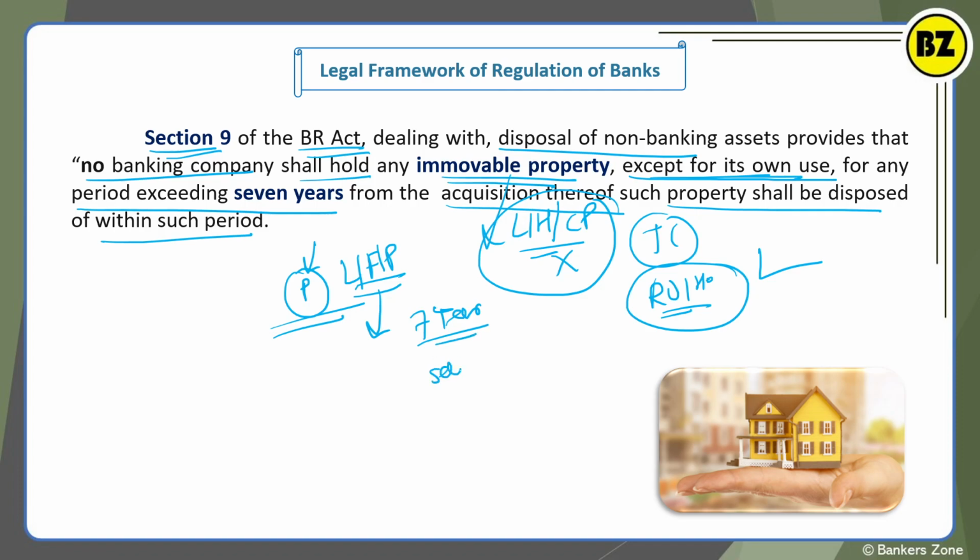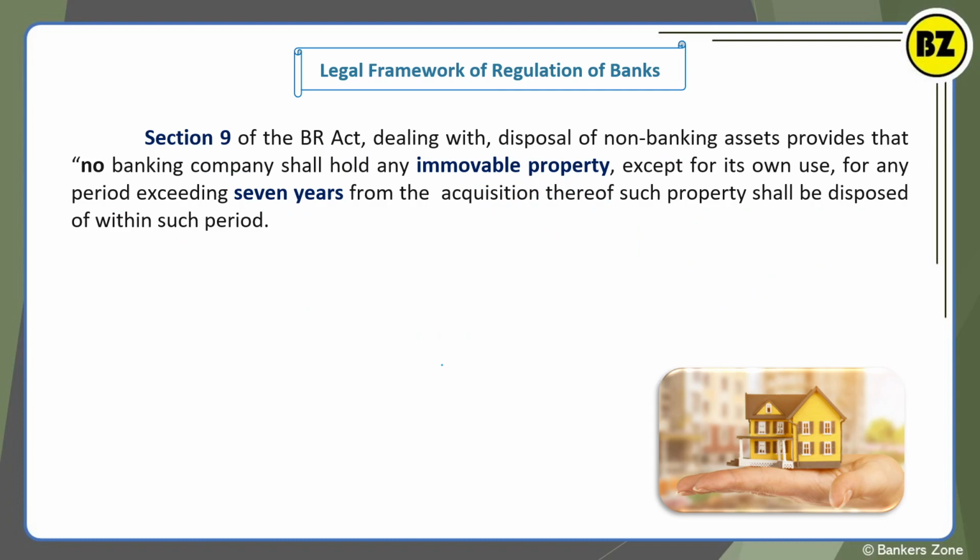So banks are not allowed to purchase property, and if the bank does so, it has to sell that property within 7 years. Got it? You have to understand that the 7 years are important, because they can ask you a question based on that. For how long can a bank hold immovable property?